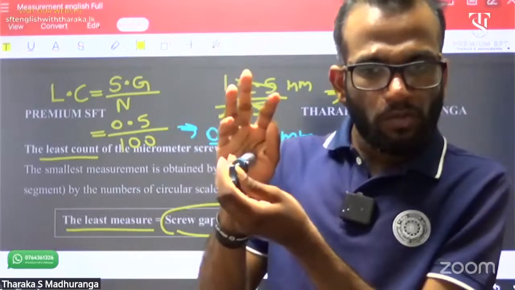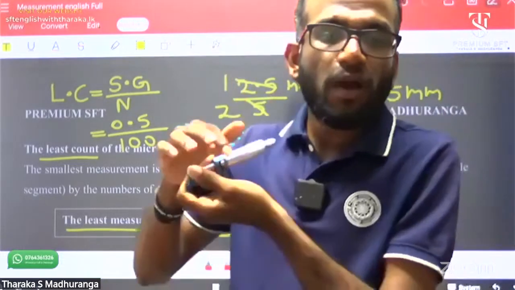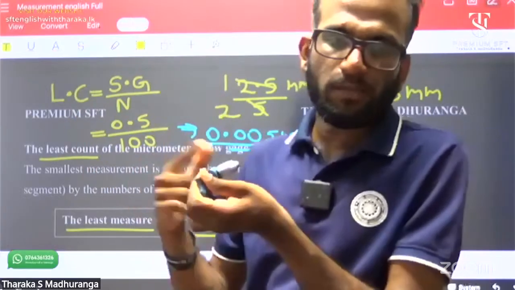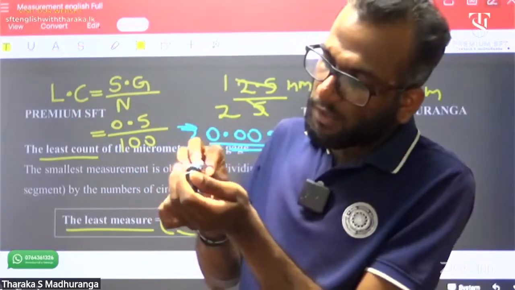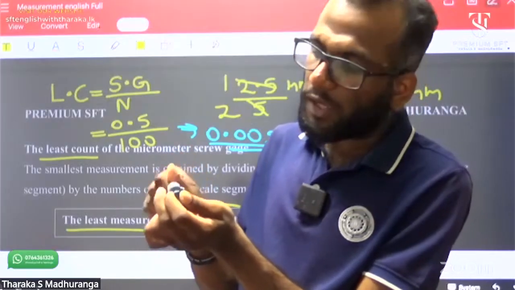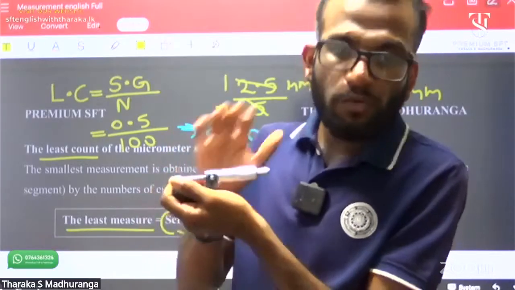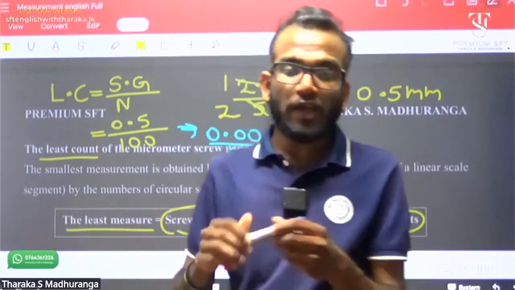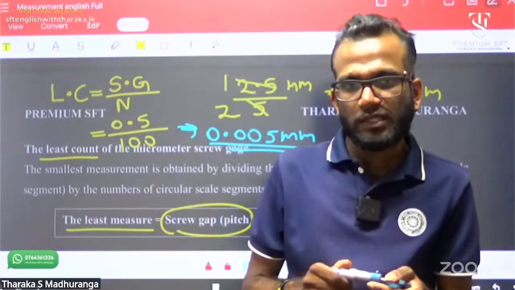But you still don't know how to read the measurement. We can discuss that next week, as well as the errors of the micrometer screw gauge, including zero errors. This is the final part of the micrometer screw gauge.